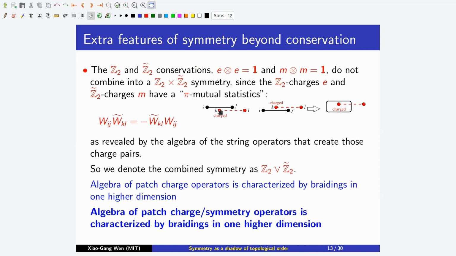There's no charge. They are charge neutral. However, the patch charge operators have a feature. They are extended operators. They can be very long. When they are very long, somehow the end of a patch charge operator can be charged.